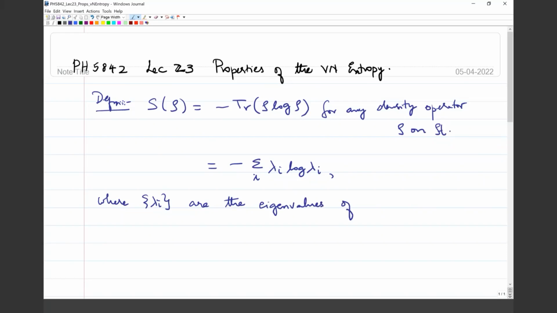In other words, rho has a spectral decomposition, or eigenvalue decomposition, of this form where e_i are the eigenvectors, right?